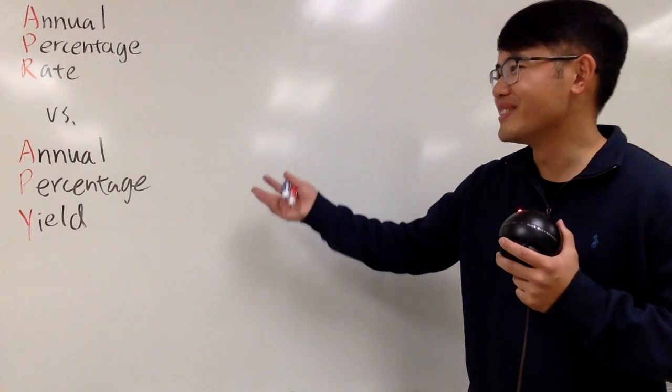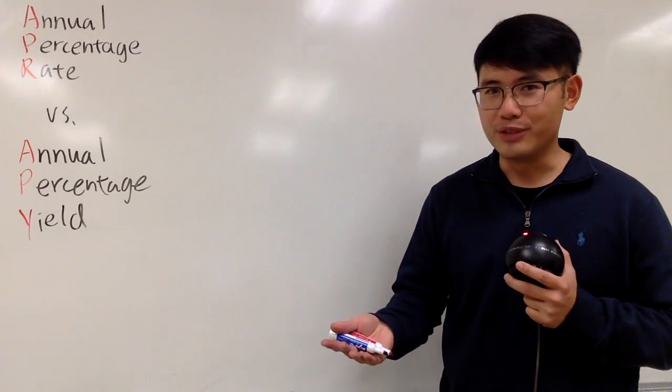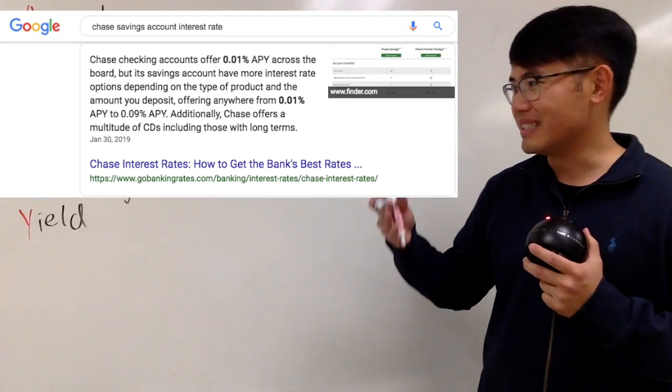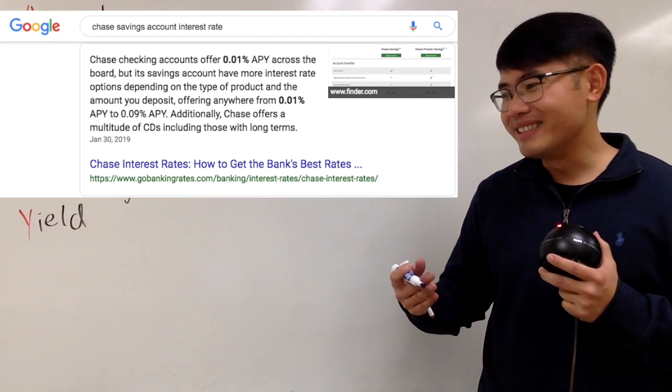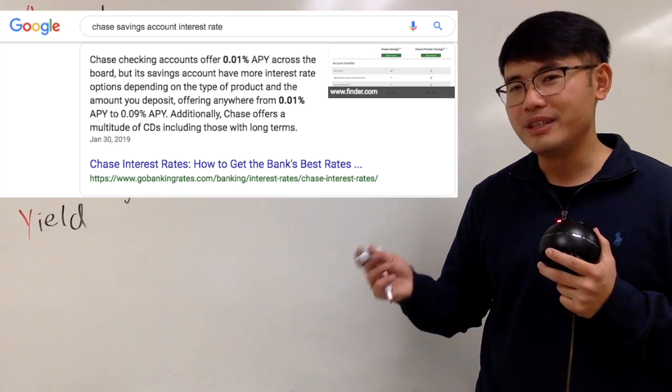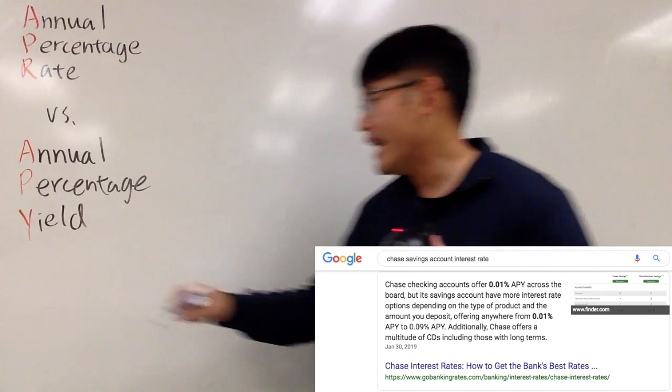In fact, I was doing this with my Cal 2 students earlier, and we were looking up banks for their interest rates. We saw Chase, and you can see from the screenshot right here. If you put your money in their savings account, you only get 0.01% interest rate. Let me write this down.